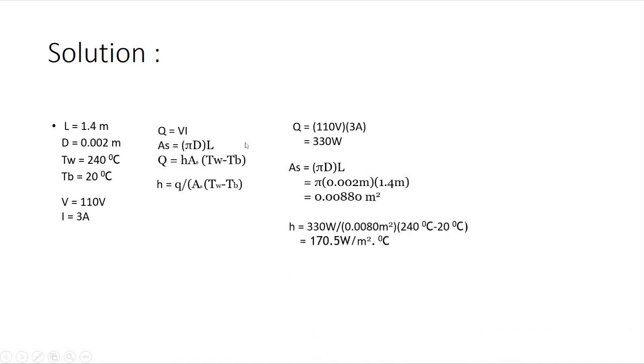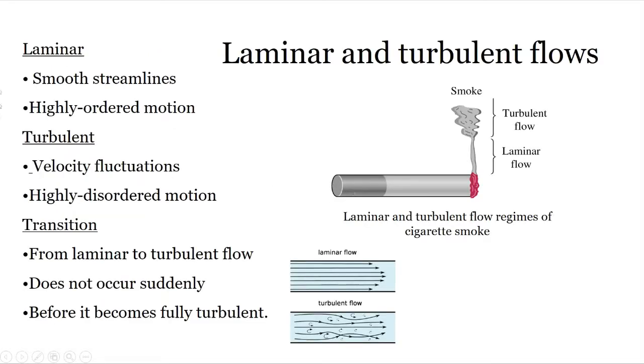As for H, we just put in all the information that we have: 330 watts over 0.0088 meter squared times 240 degrees Celsius minus 20 degrees Celsius, TW minus TB, and the answer is 170.5 watt per meter squared degrees Celsius.